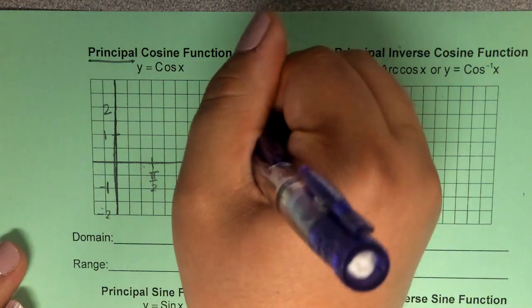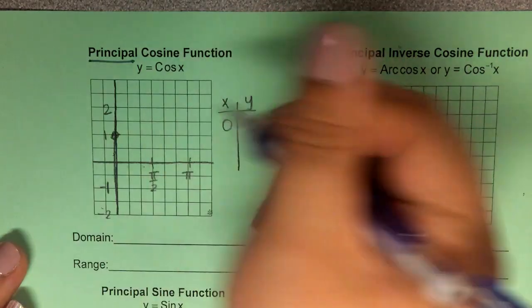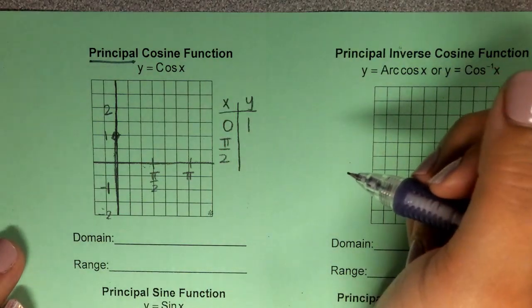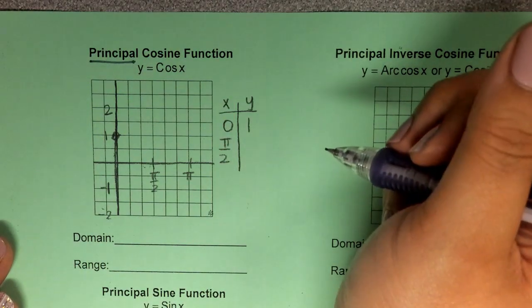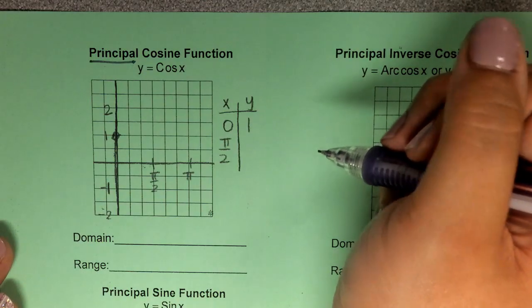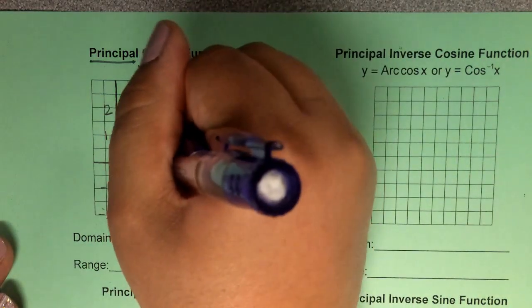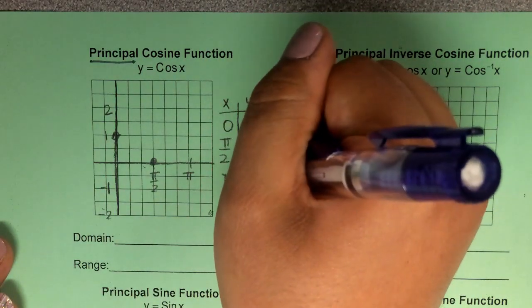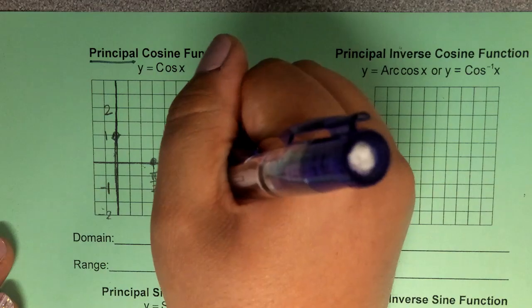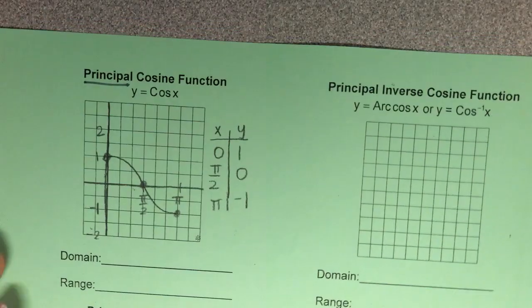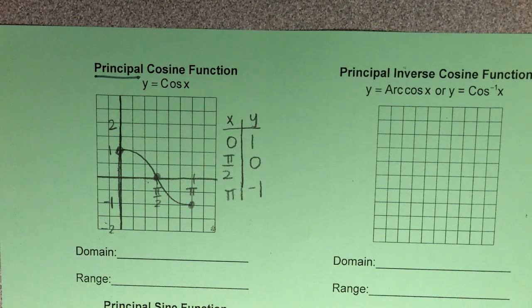We know it starts at 0, 1, goes to pi over 2, comma what? At pi over 2, where does it go? To 0. And then at pi, it goes to -1. And that is my graph.